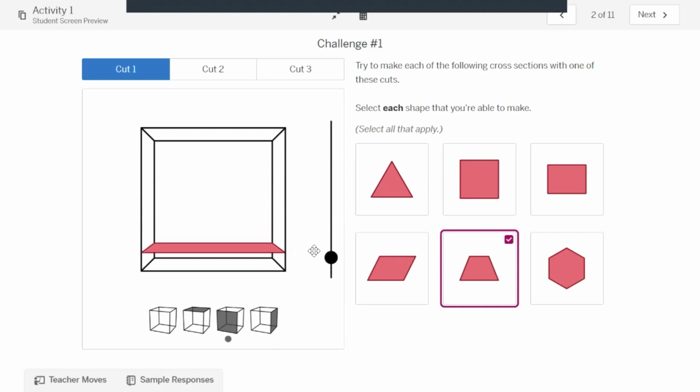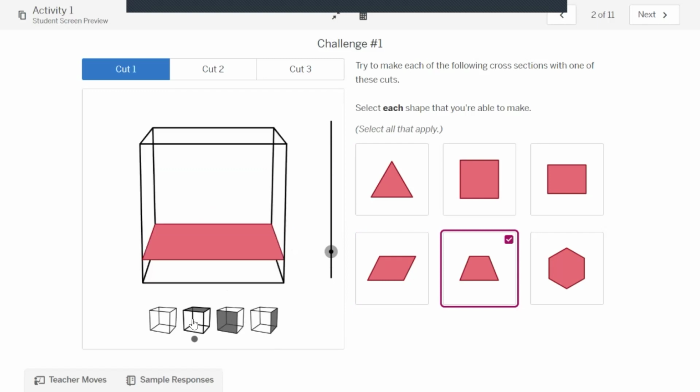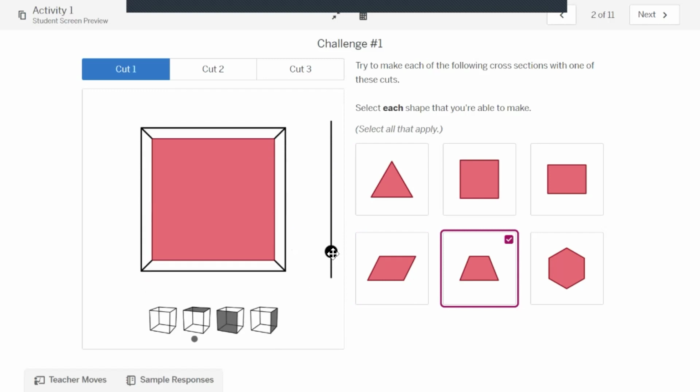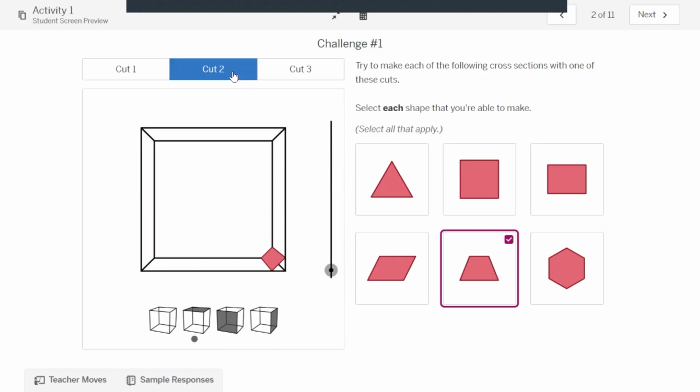I don't know. Hmm, that's weird. What happens if we do this? Oh, nothing there either. Let's see what this cut looks like. Oh, we got a straight line right there. Almost.